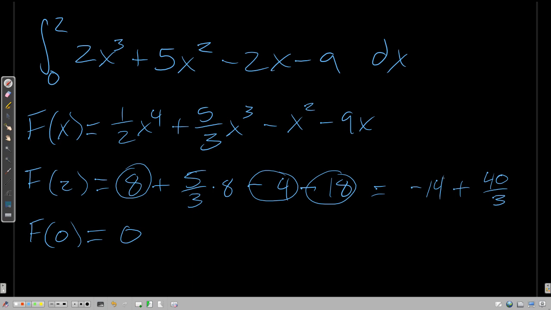But I want this minus 14 to look like something over 3. So I'll go like that. And then you have minus 48/3 plus 40/3. Answer, minus 8/3.